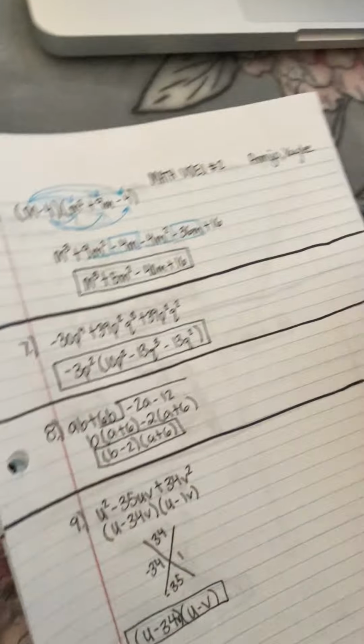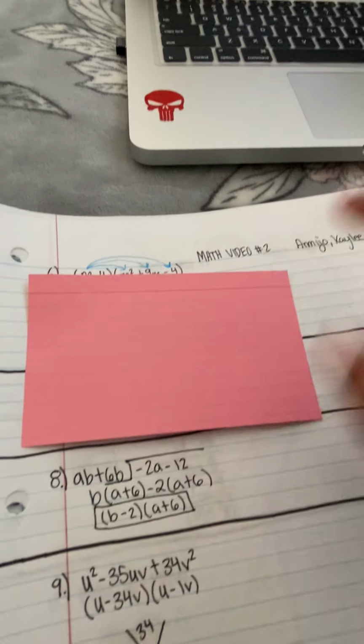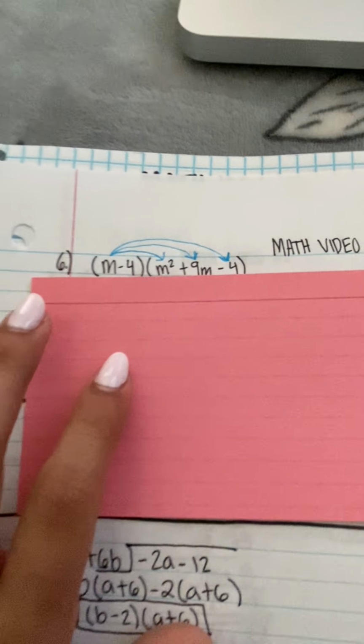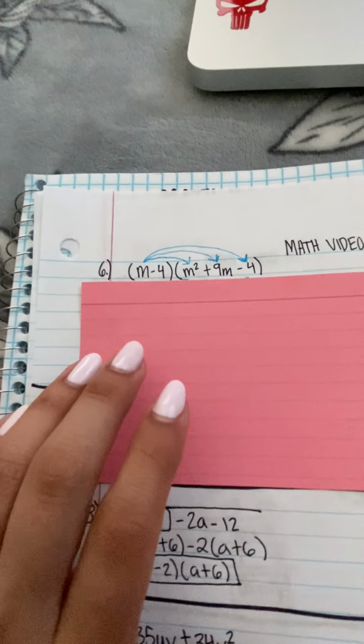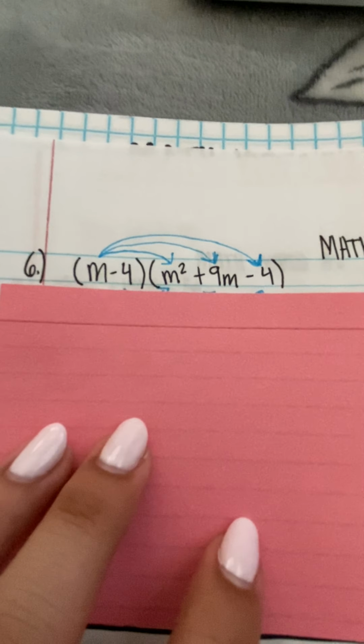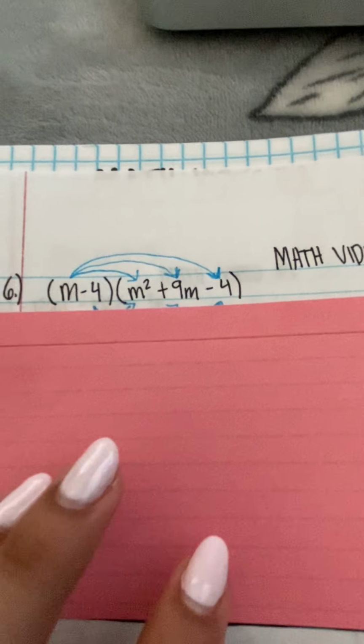Now we have number 6. For number 6, it says multiply and collect terms. So I just multiplied. I distributed everything. I distribute the m into the m^2 plus the 9m and then the negative 4.